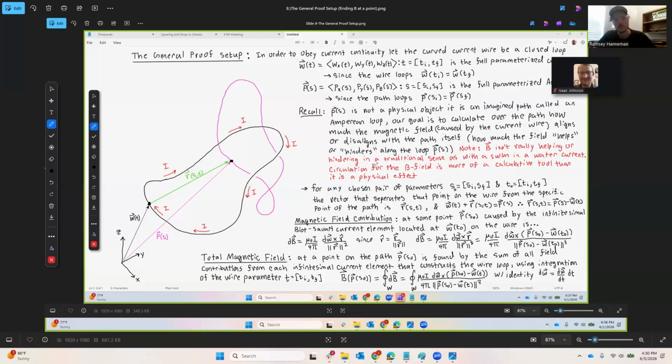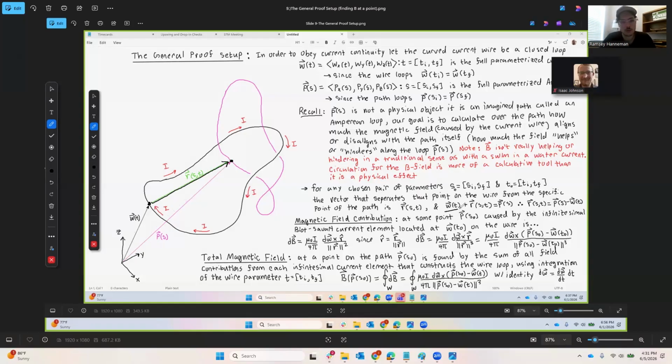The field we're interested in is only the field on the path, the field made by the wire, since we're calculating the circulation on the path. So that's what matters to us. We find the radius vector by saying that the wire vector plus the radius vector must equal the path vector.